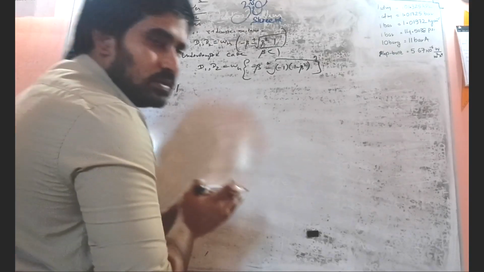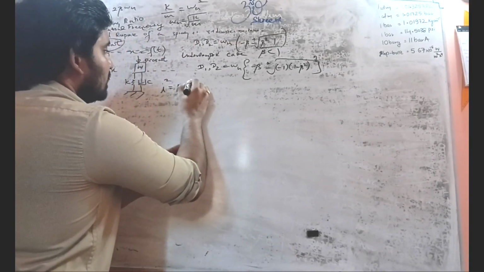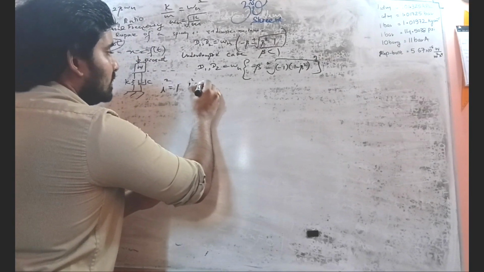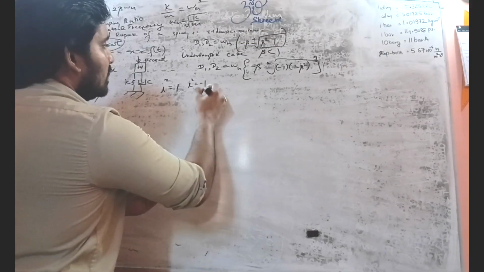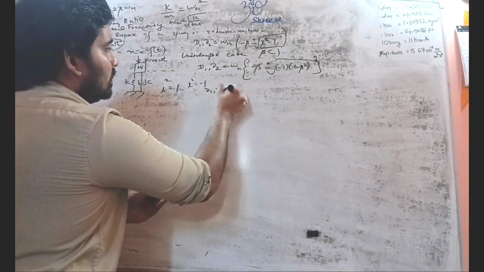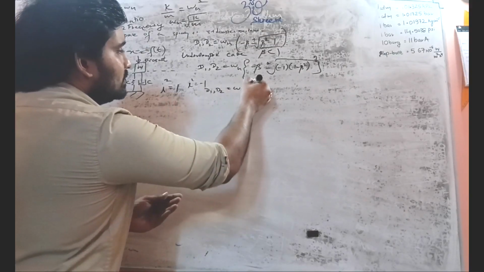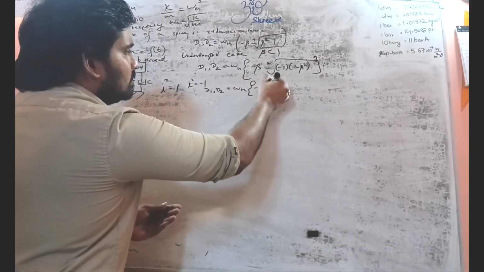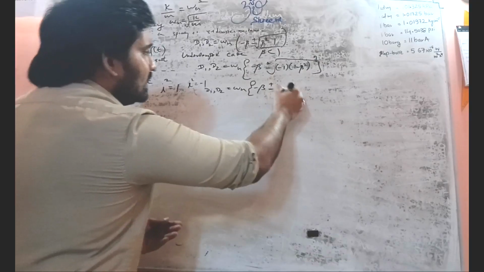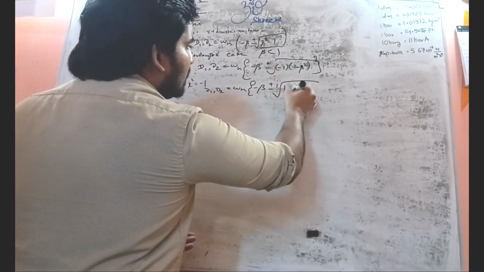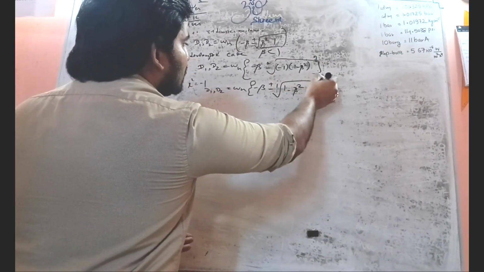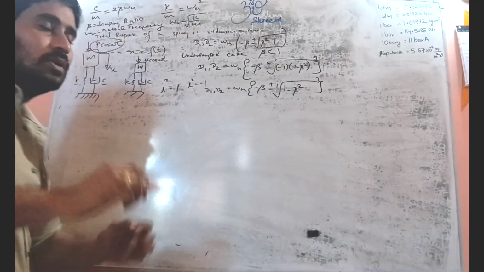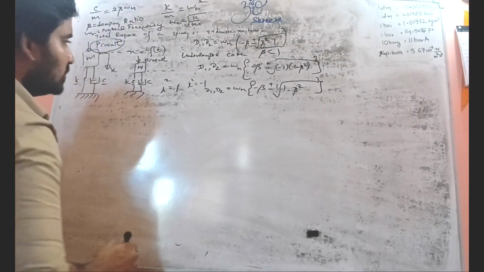From the knowledge of complex numbers, we know that i squared equals minus 1. So d1, d2 equals omega n times minus beta plus or minus i times the square root of 1 minus beta squared. Now we have two possible solutions. What are they?